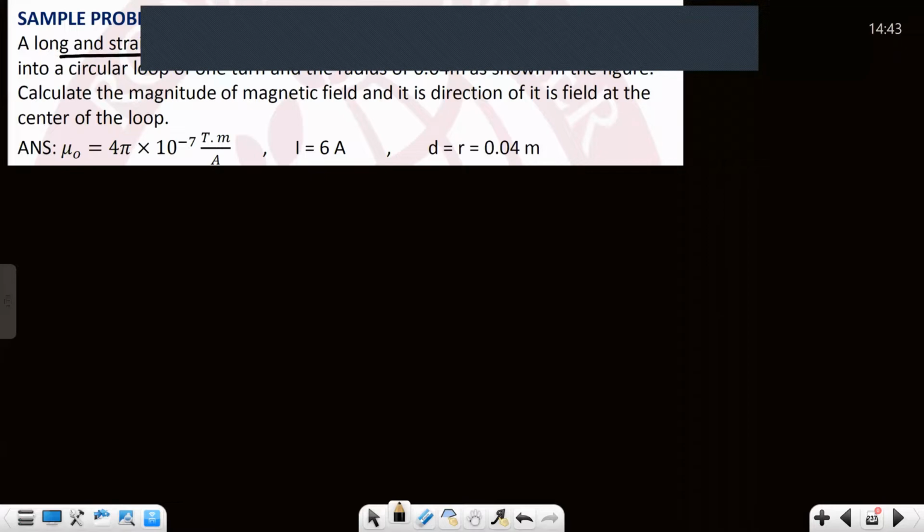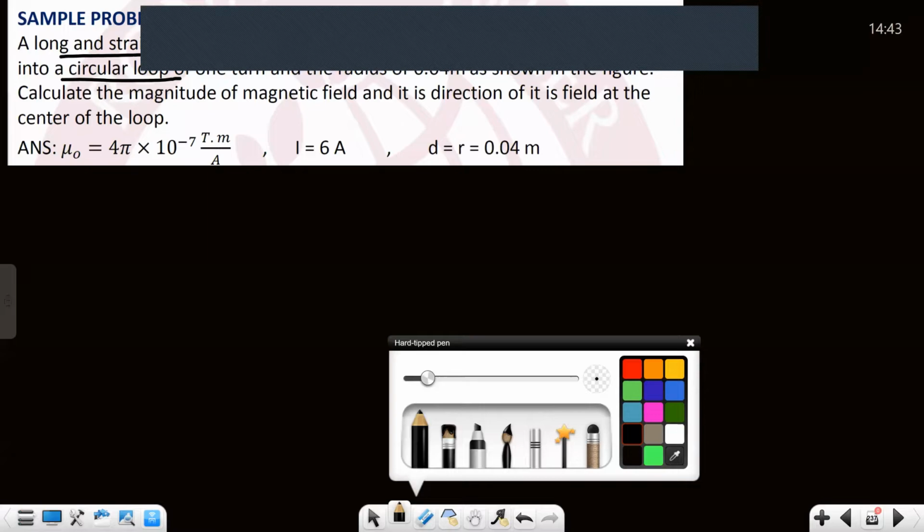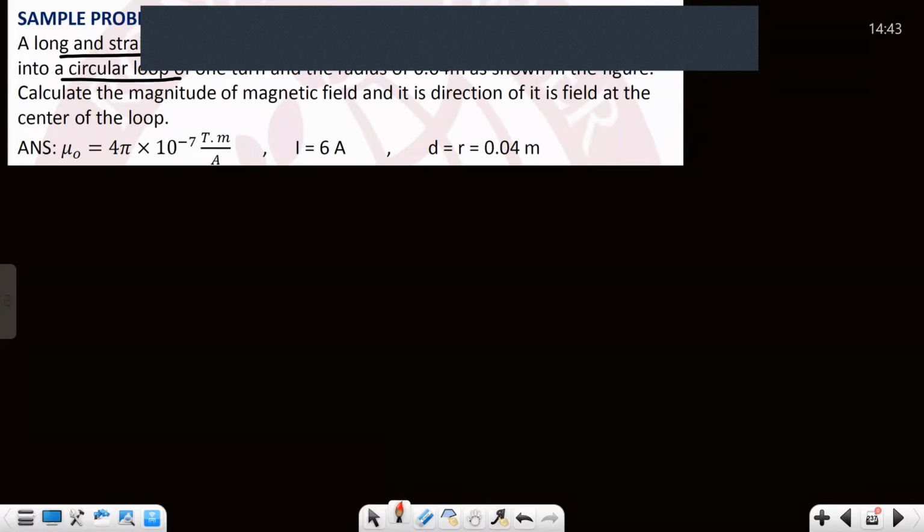Straight wire, and then the part of it is bent into the circular loop. So in that case, we should just take care about the 2 formulas that we studied. Okay, and the question is going to say that the radius of the turn, the radius of the coil is 0.04 meter, as shown in the figure.